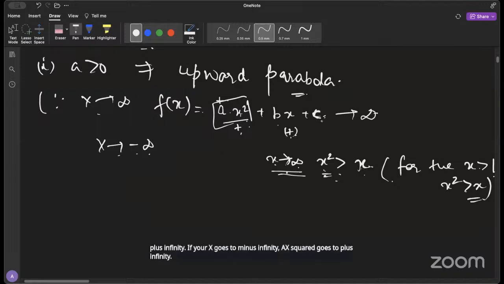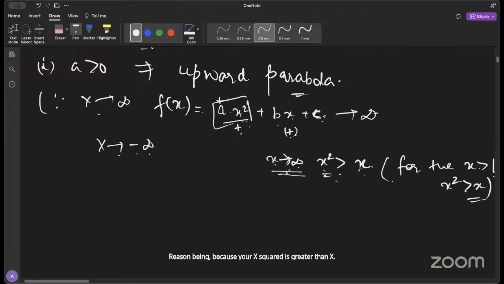And the sign of bx and c does not matter, because x squared is greater than x, where x tends to infinity or minus infinity. Is that okay? Does anyone have a doubt in this thing? This is going to go to infinity, provided your a is greater than 0.